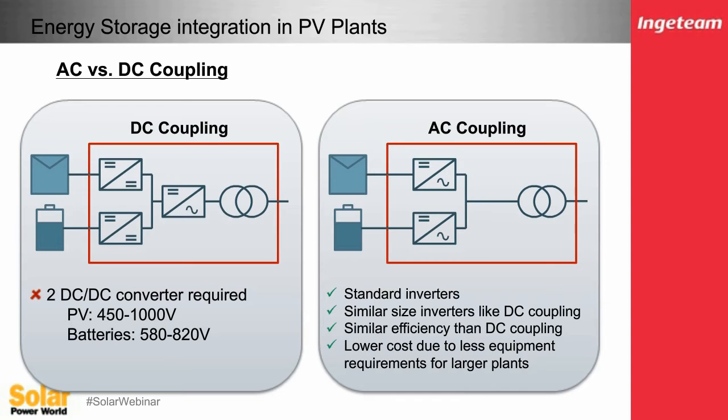The efficiencies and sizes of those inverters are similar, but the larger array causes less demand for sizing of batteries, which offers less cost because less battery equipment is required. Therefore, we discovered that an AC coupled and centralized system is the more optimized system.